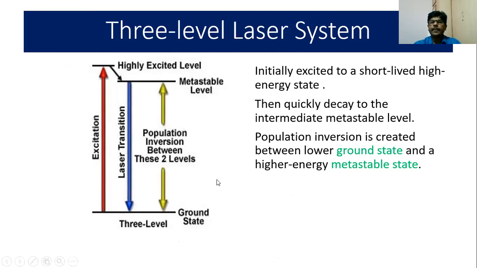To attain a population inversion between E2 and the ground state requires a large amount of energy. So population inversion is created between the lower ground state and a higher energy metastable state. Such a system is known as a 3-level laser system. But remember, in a 3-level laser system, population inversion is between the higher level and the ground state, and a large amount of energy is required.